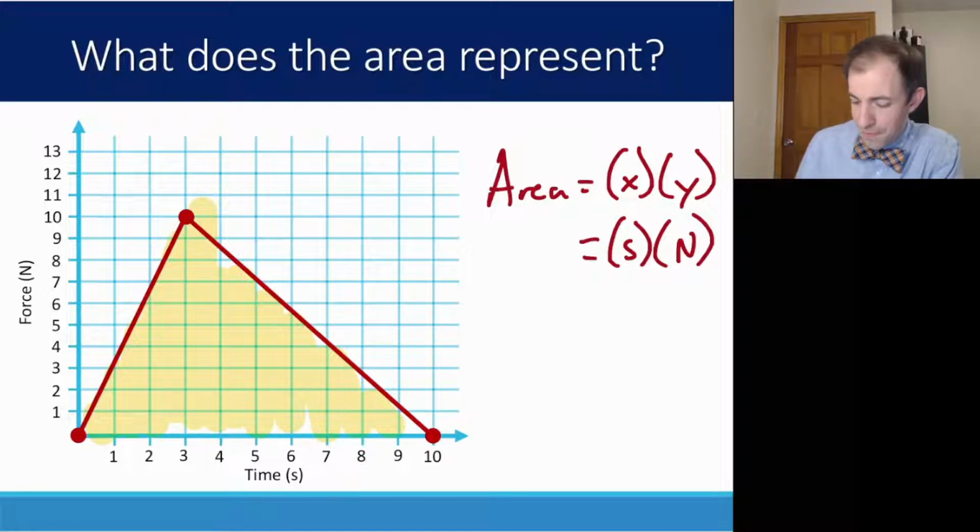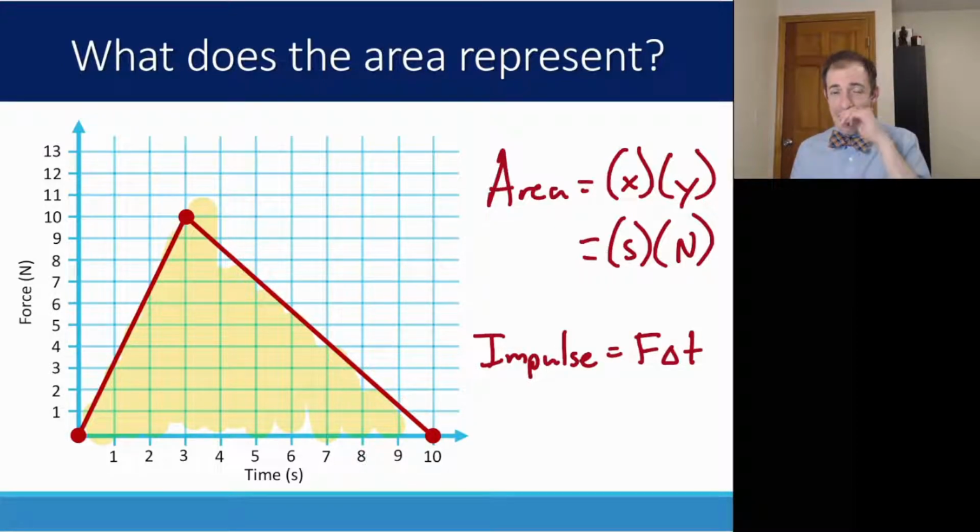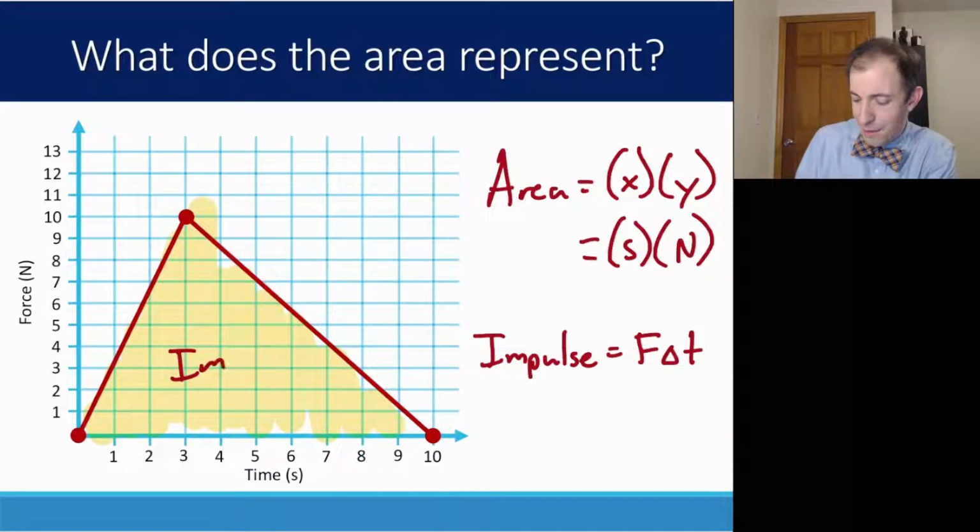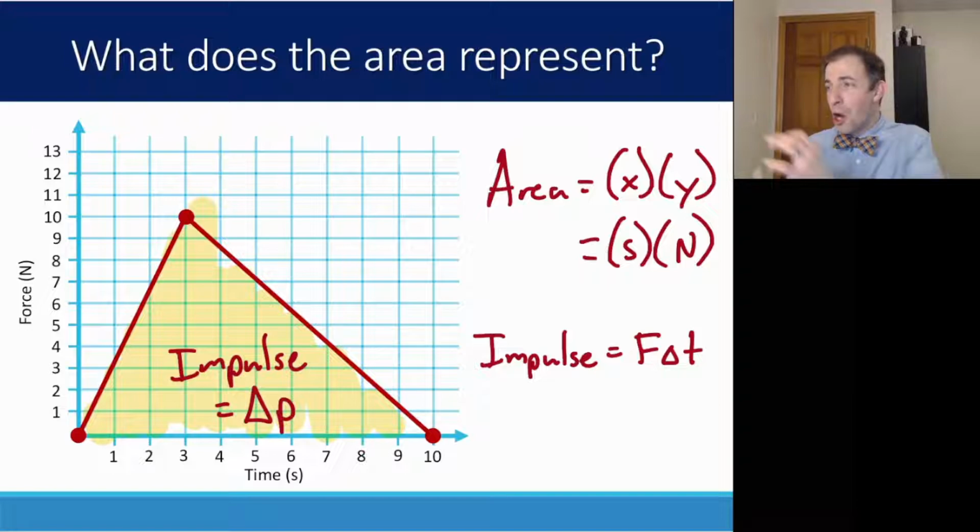You might remember there is a concept called impulse that is just force times the change in time. So when you find the area here, you're finding the impulse. And remember, when you find the impulse, you're finding your change in momentum.